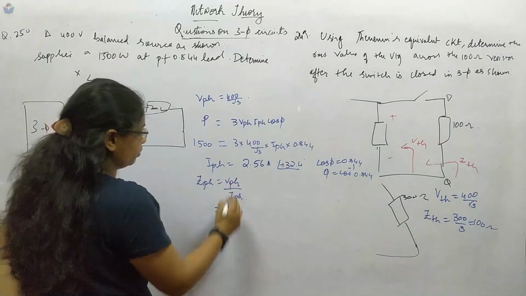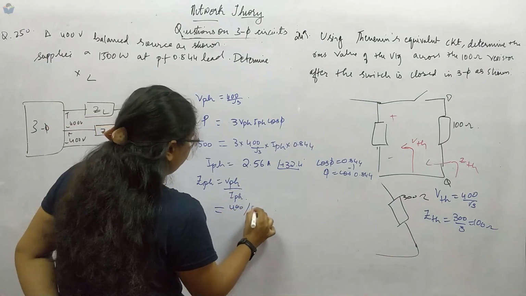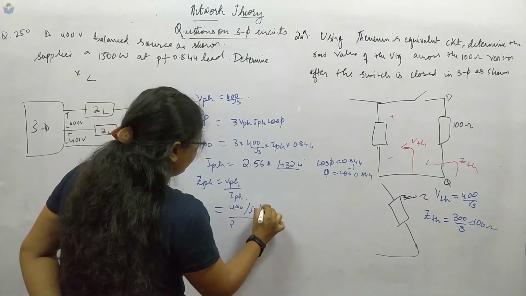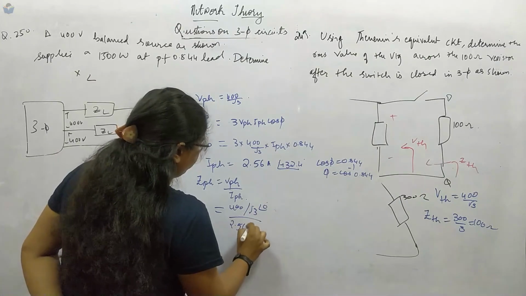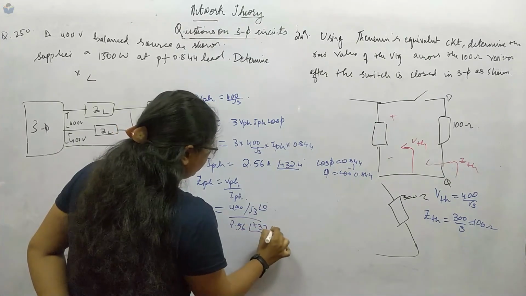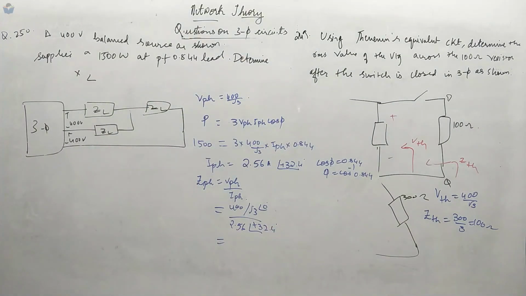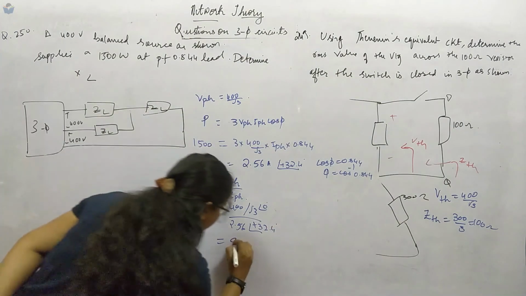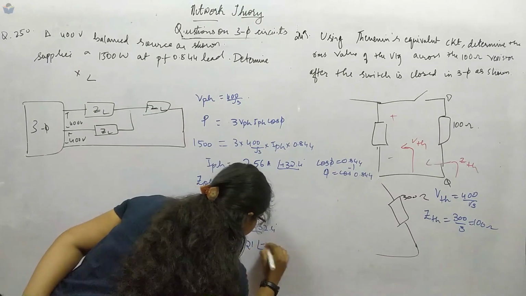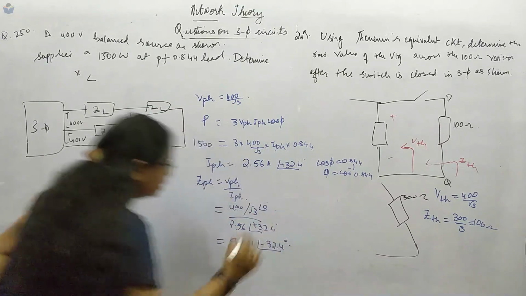So ZPH will be 400 by root 3 at angle 0 degrees, divided by 2.56 at angle plus 32.4 degrees. So the value of ZPH that you will get is 90.21 at angle minus 32.4 degrees.